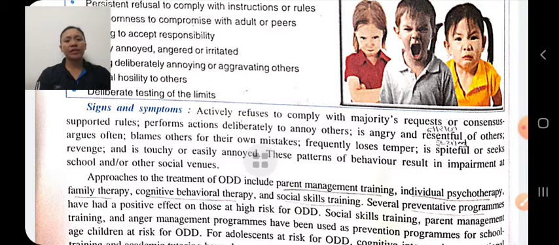He does not obey his seniors and is always aggressive in nature, etc. The causes are genetic, biological, psychological, injury, etc. Its management techniques are counseling, family therapy, social skills, meditation, medical treatment, etc.